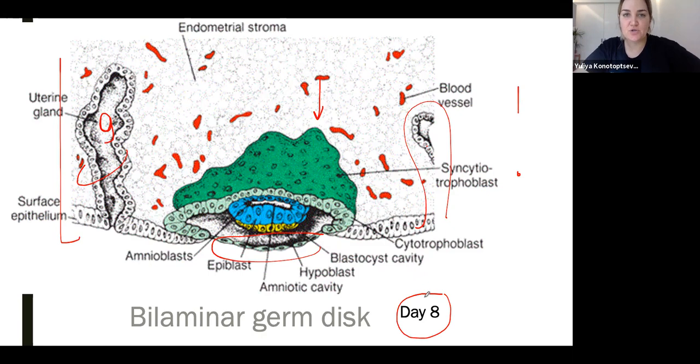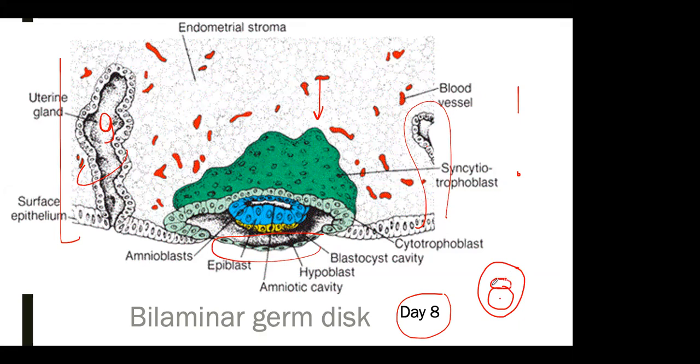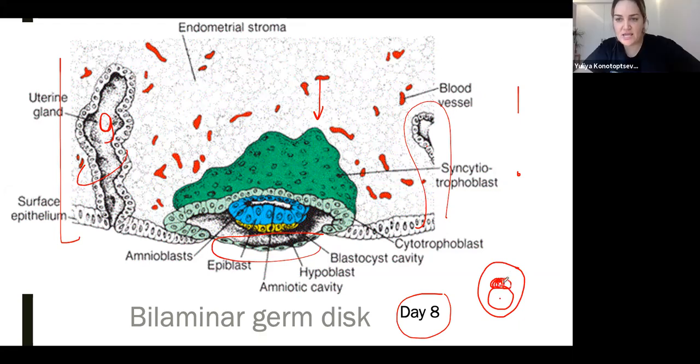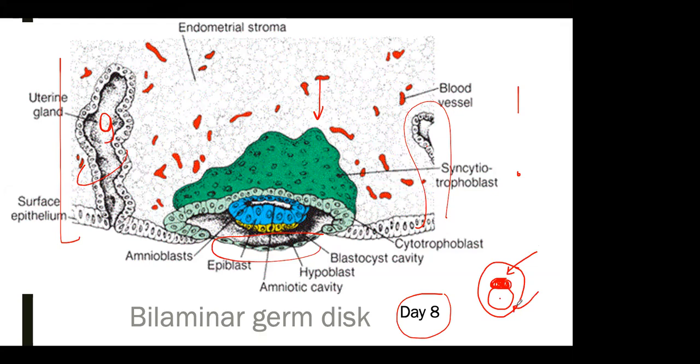During day 8, you're going to see that the blastocyst starts to differentiate. Before we talk about it, could you quickly tell me, how do we draw a blastocyst? What does it have here? Embryo proper. This is the inner cell mass or the embryo proper. What about this? Cavity.